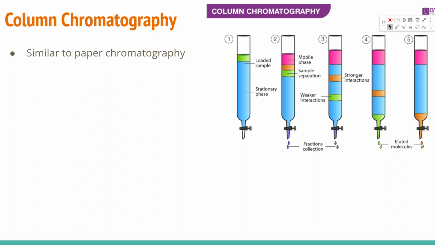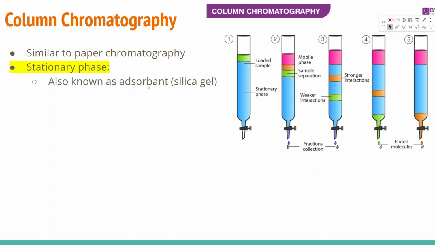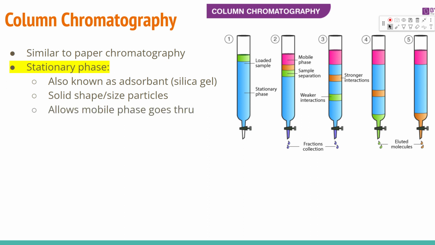And we'll do a lab on this too, but we'll do that when we are in the other unit because we need more information. So the stationary phase for this is going to be some kind of silica gel or an absorbent. It really depends on the thing. You're trying to separate based off shape or size of the particles, again based off polarity, which we'll talk about later. And so the mobile phase will go through that.